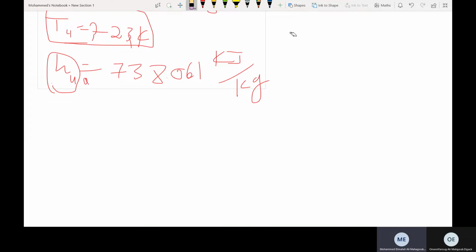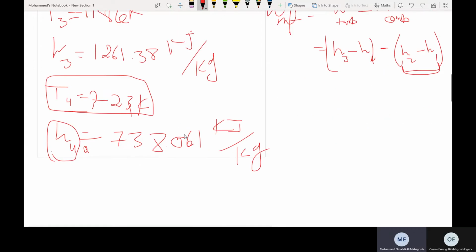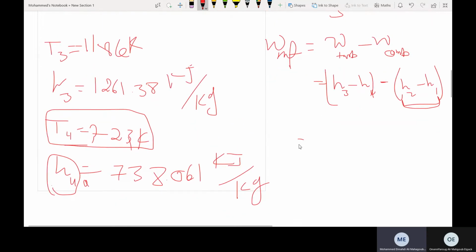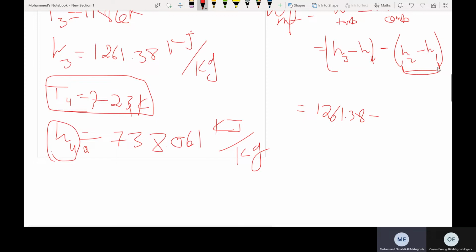And now we can get the specific work. All of this is just for calculating the specific work. But don't worry, by now we have solved the cycle totally, because we got all the H's. All the other things are now just application. So H3, which was 1261.38, minus H4. Always use the actual values in calculations.